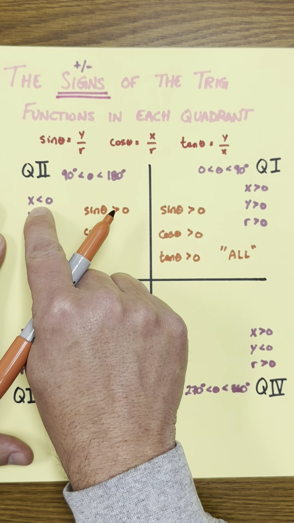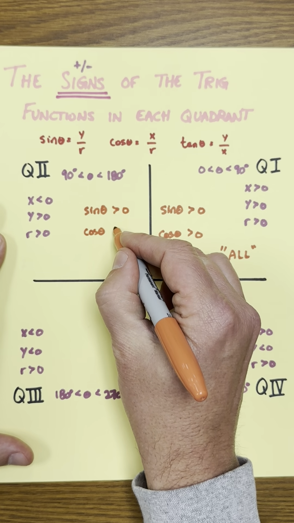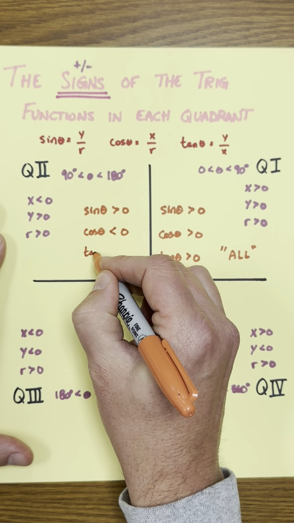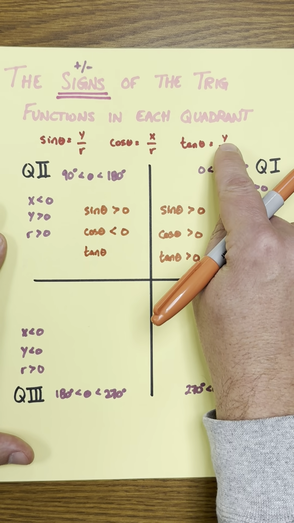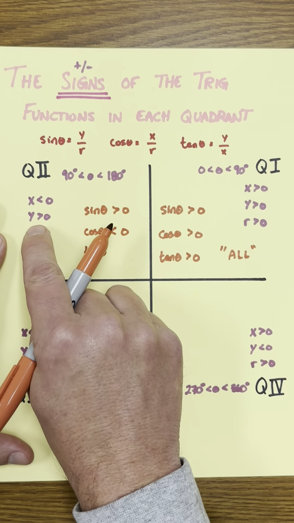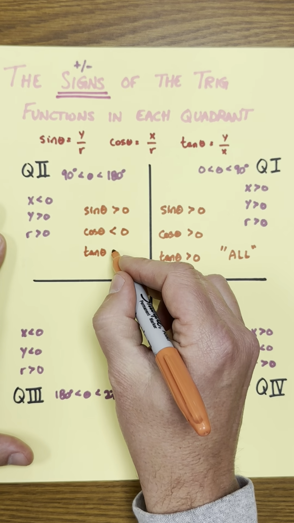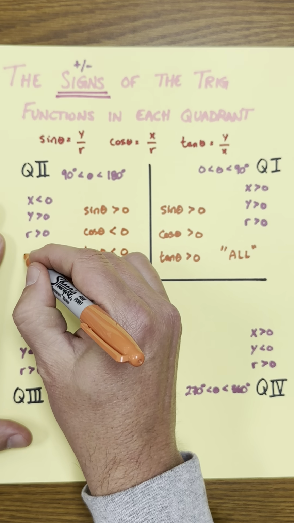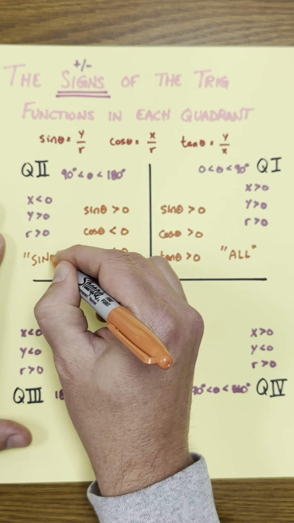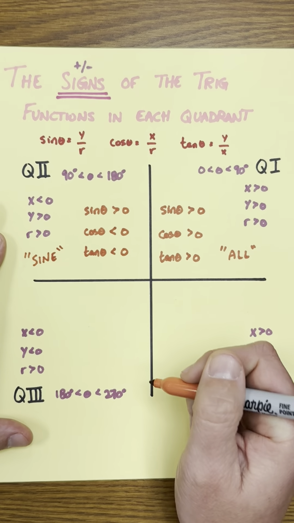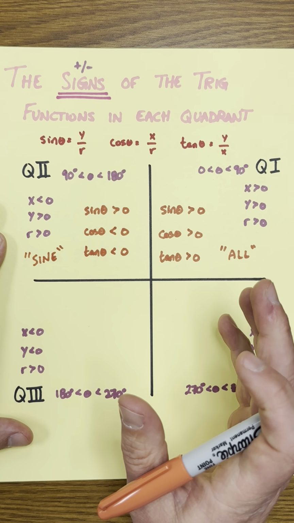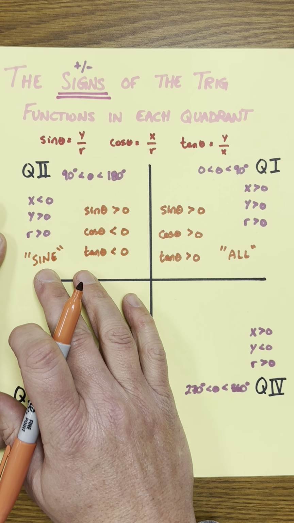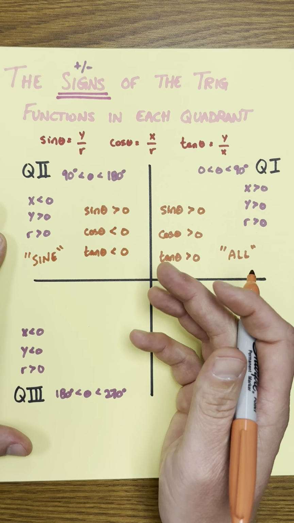So now we have a negative number divided by a positive number, which is negative, less than 0. And the tangent, that uses y and x, which is a positive and a negative number, which is negative. So in quadrant number 2, only the sine is positive. I say only, but it's technically sine and cosecant. Its reciprocal would also be positive, but sine is positive there.